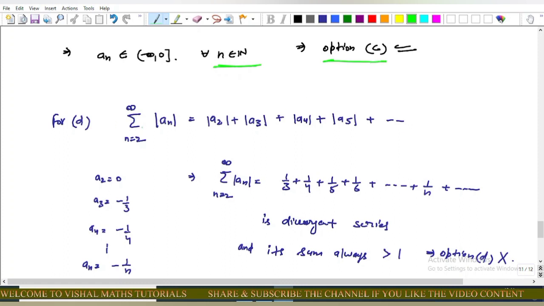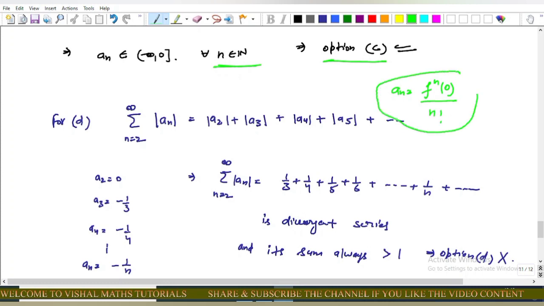Now for option D, summation of mod of an is equal to mod of a2 plus mod of a3 up to and so on. For this series we have to find out the value of an, that is equal to f n at z equal to 0 upon n factorial.